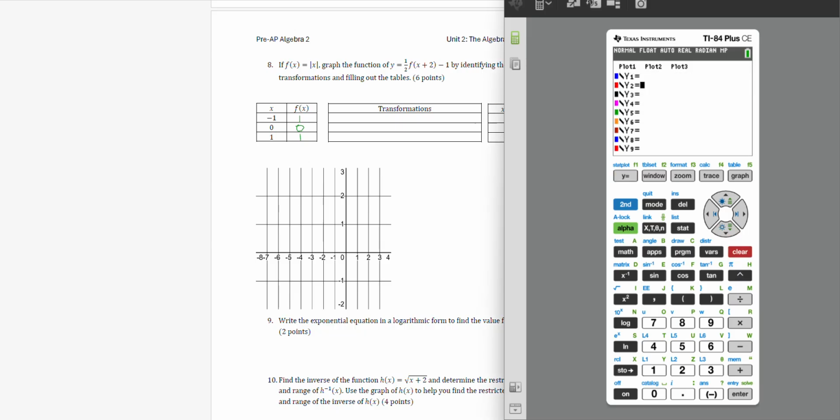Math, that's a different function. 0.5, math, absolute value, x plus 2 minus 1, so 6. So even if you hadn't gotten the transformations right, written it down in the table, you could have still graphed it.